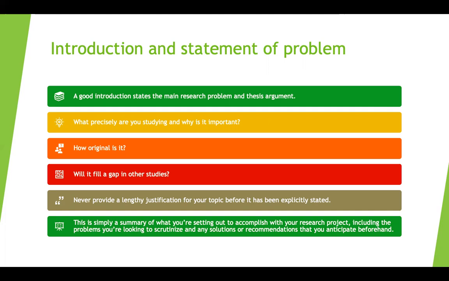There will always be an introduction. What precisely are you studying and why is it important? Normally, in the introduction we describe what you are trying to study and the importance of studying it. This is very important.